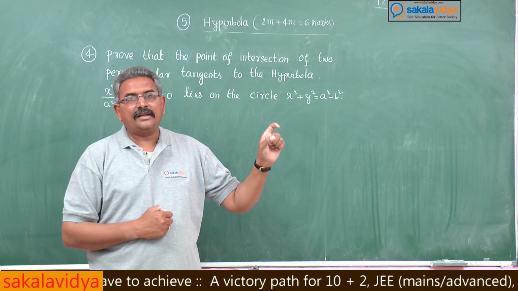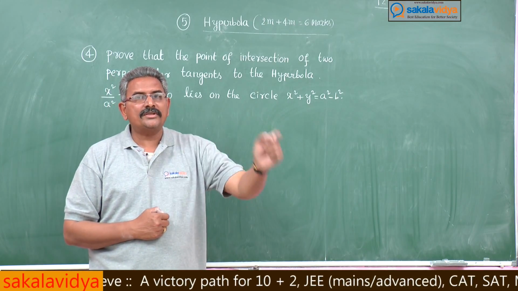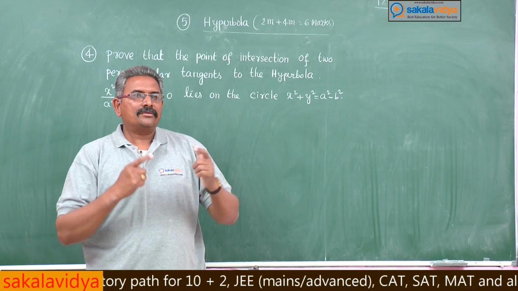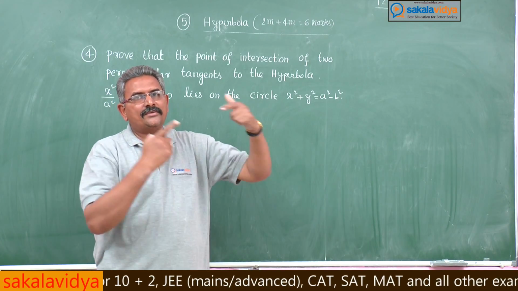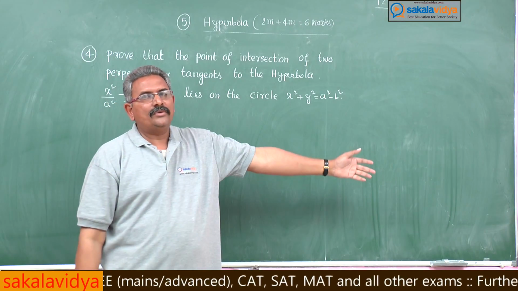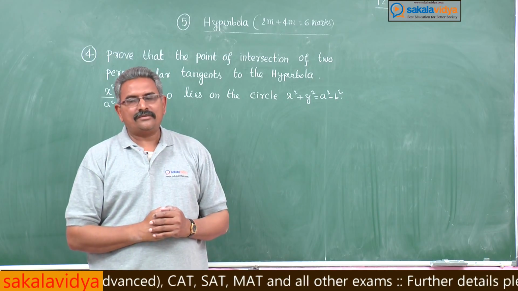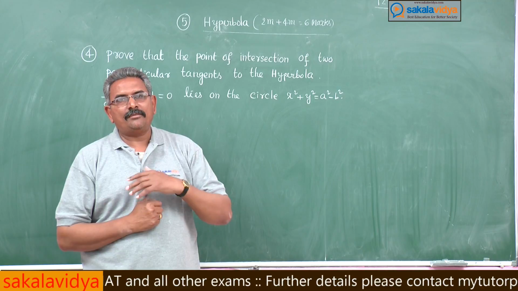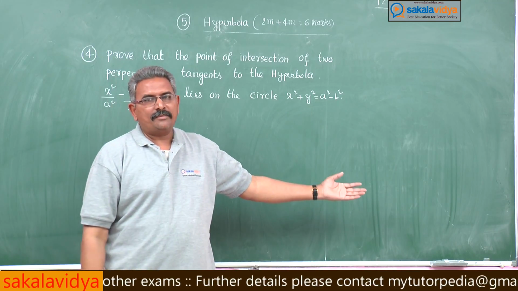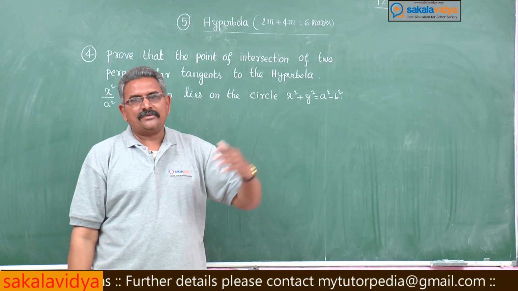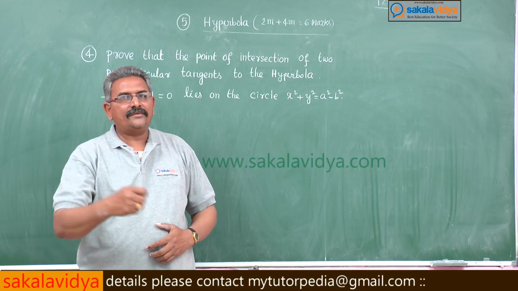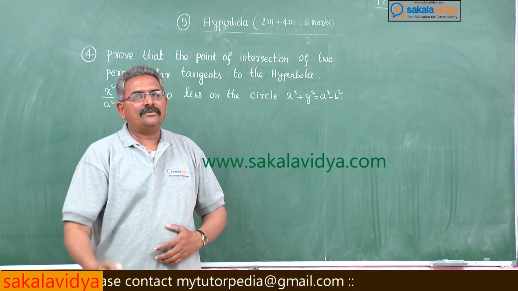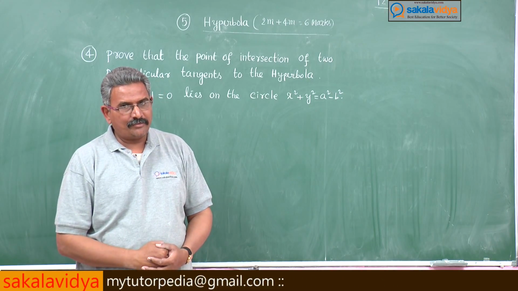In that quadratic equation, the product of the roots is equal to minus 1. Equating the product of the roots to minus 1, we get x1 square plus y1 square is equal to a square minus b square. Hence, the locus of x1 comma y1 is x square plus y square is equal to a square minus b square. That is the standard form of a circle, known as the director circle. Okay, shall we proceed?